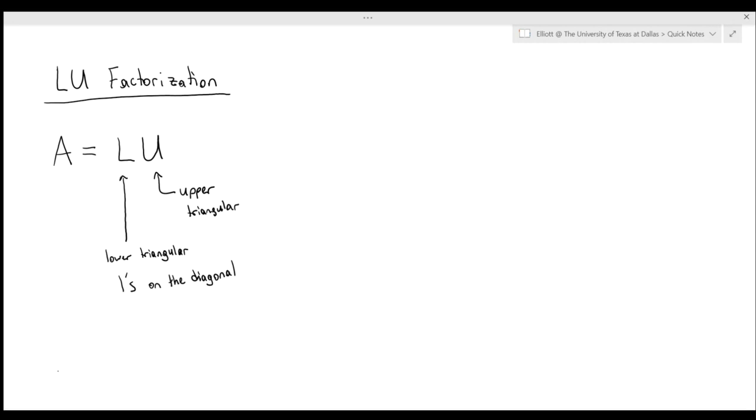And to see how to come up with an LDU factorization, I'm just going to illustrate with an example to begin with. Here is our matrix A: 2, 3, -4, -4, -5, 1, -2, 0, 6.